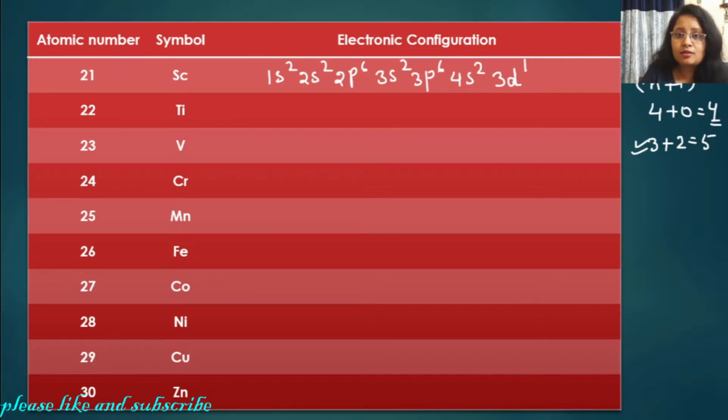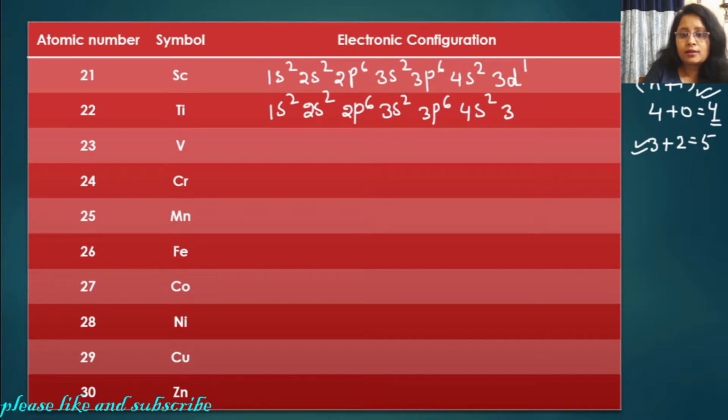Okay, understand the concept? This is one more concept. If we are confused in writing the above principle, we will use this also. Come: 1s2, 2s2, 2p6, 3s2, 3p6, 4s2 and the next coming electron will occupy 3d2.